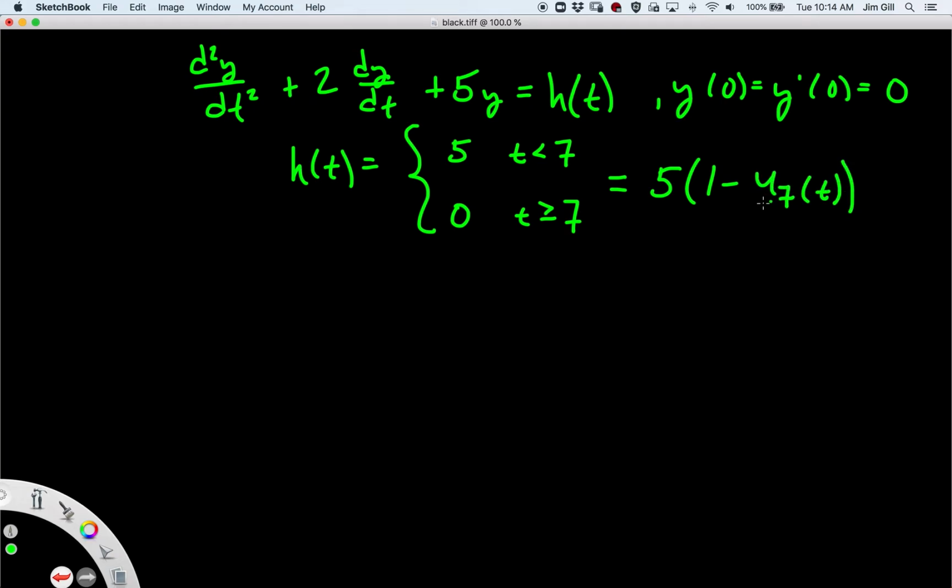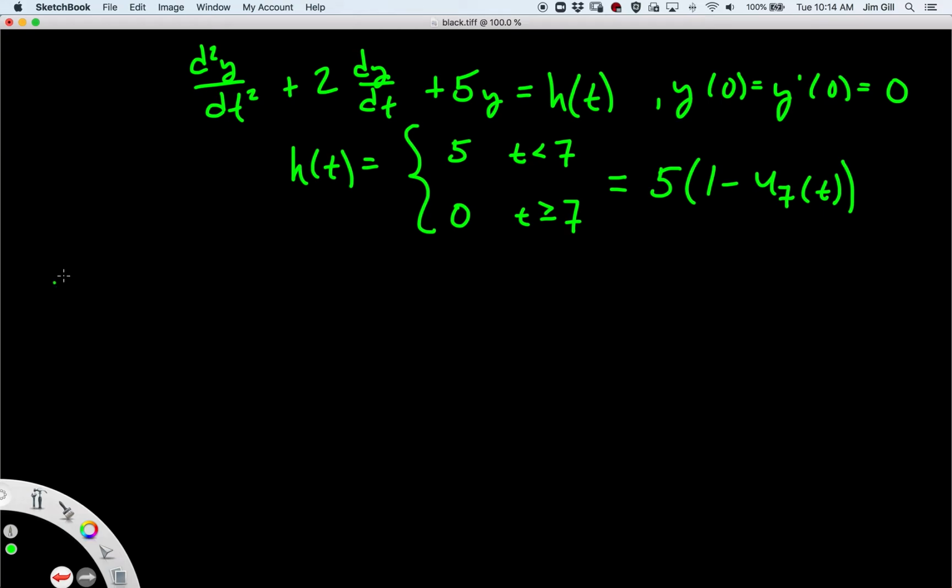So recall the Heaviside function u7 of t is something that is 0 until time 7 and then becomes 1 for all time. So it's like turning from off to on. We need something now that turns from on to off, so that's why it's 1 minus u7t. All right, so there's what we need, and let's start computing here.